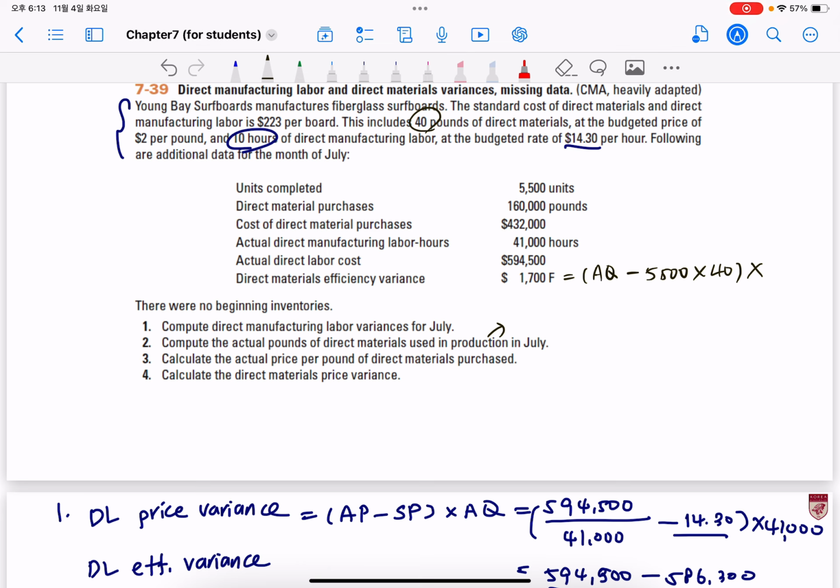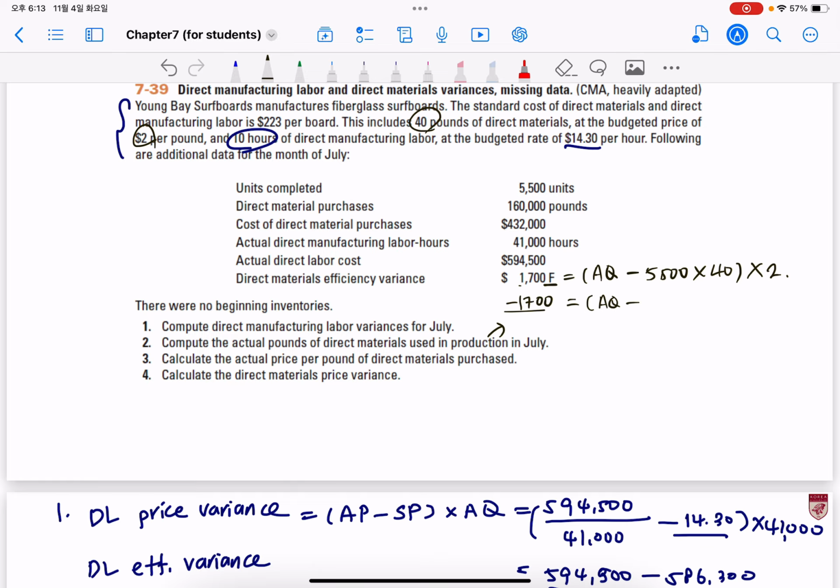So standard price is 2. And note that in order for 1,700 to be favorable, in actual term, it should be negative 1,700, right?